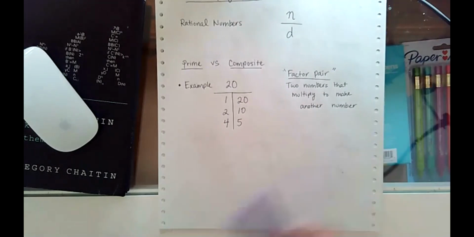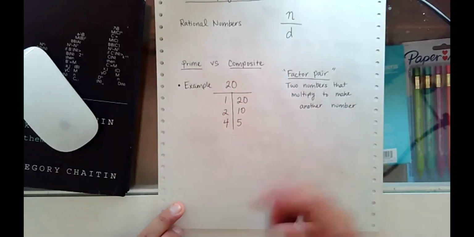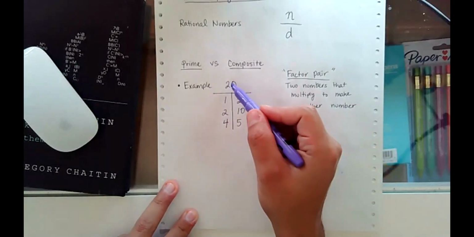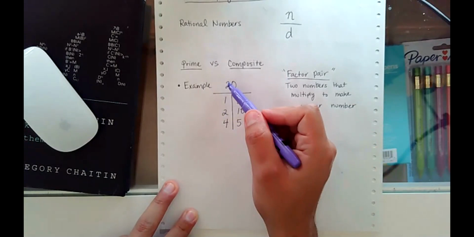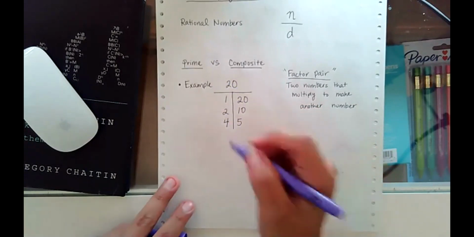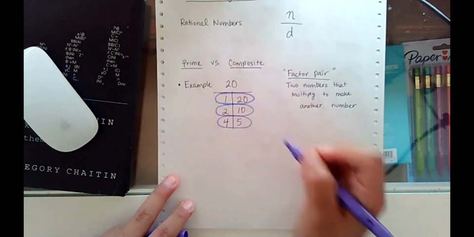So it turns out that in this factor chart for the number 20, 20 can be represented in 3 ways by multiplication. We could say that 1 times 20 is 20, 2 times 10 is 20, 4 times 5 is 20. So we would say that this has 3 factor pairs.